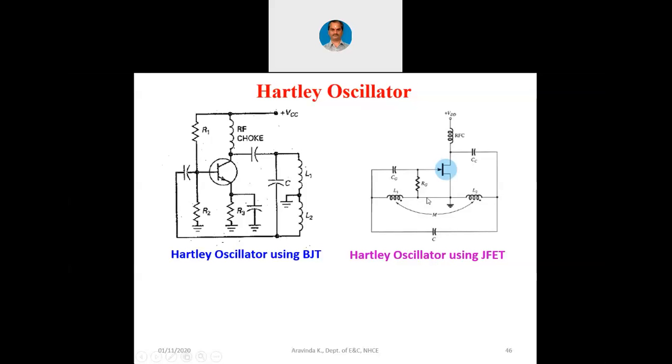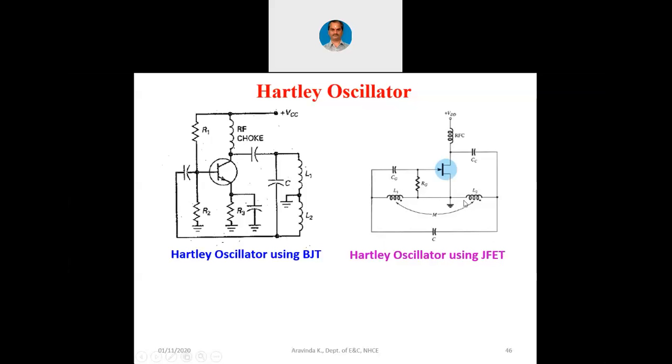But the point is, in whichever way I have been telling you, that is the easy way to write the circuit diagram. Whereas textbook authors will have their own styles of writing the circuit diagram. Now here also you can see from output back to input there is a capacitance, and from this end there is an inductor to ground, and there is one more inductor to ground.